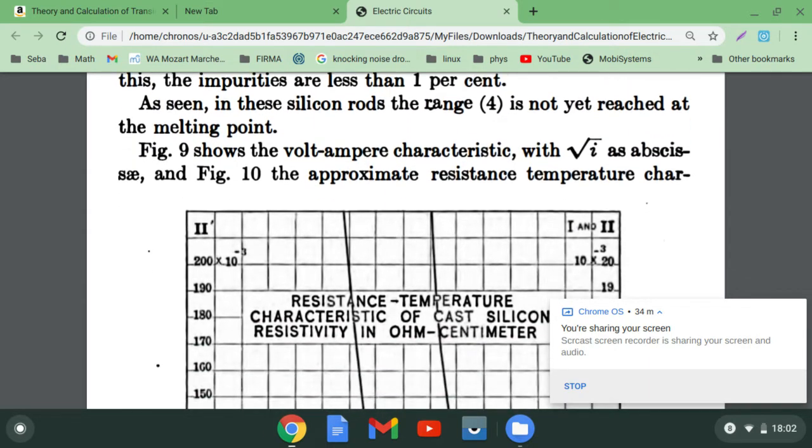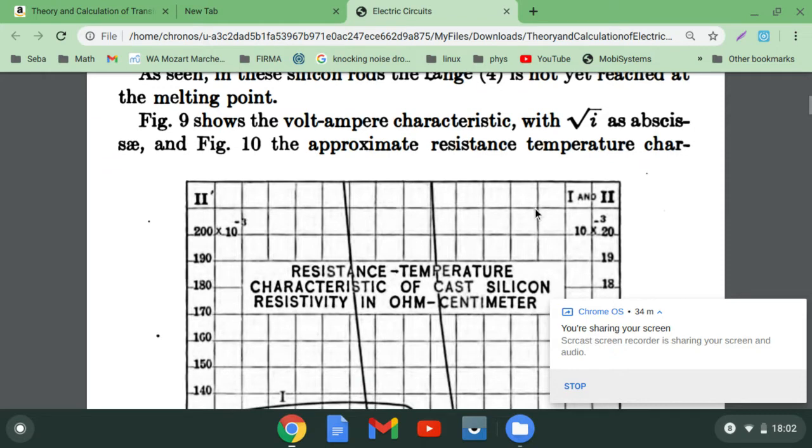Figure 9 shows volt ampere characteristics with square root of I as abscissa.